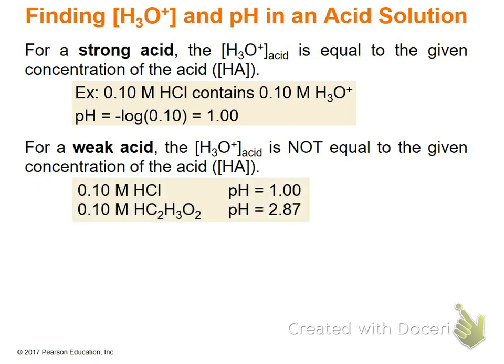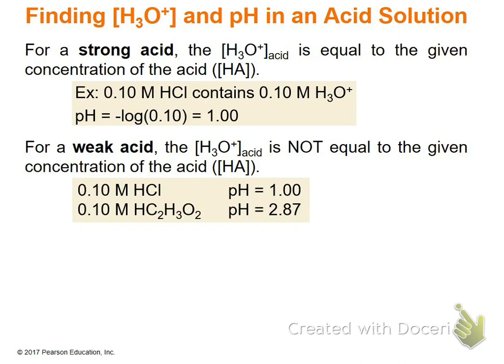All right, so let's look at a comparison here. Let's say we have 0.10 molar acetic acid, HC2H3O2, and compare that with the pH of a strong acid, hydrochloric acid. In this case, we have 0.10 molar hydrochloric acid with a pH of 1.00, which is what we calculated earlier.